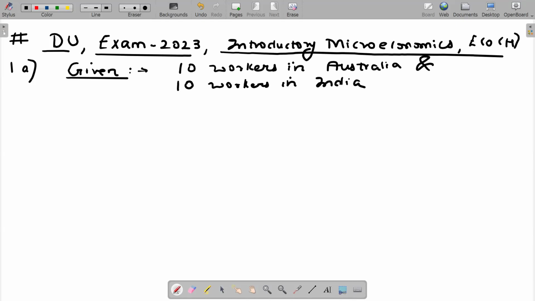And we are given the unit labor requirements for producing 2 commodities, which are computers and rice. So there are 2 goods, computers and rice.